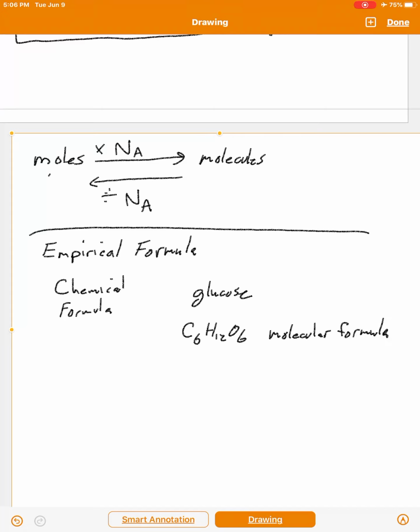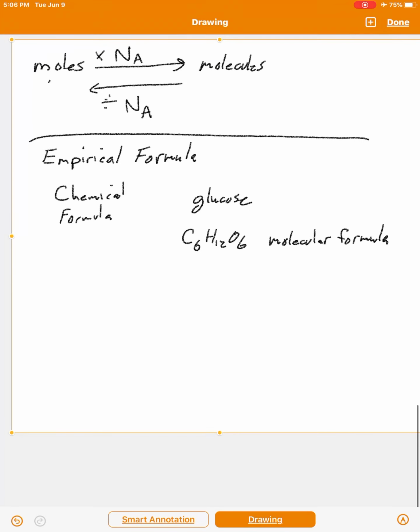It's the idea that this, in its essence, is what glucose is. If you distill it down to its simplest building block, glucose is a combination of 6 carbon atoms, 12 hydrogen atoms, and 6 oxygen atoms. Okay? Now, we could represent that in different ways. Here's one way to represent it.